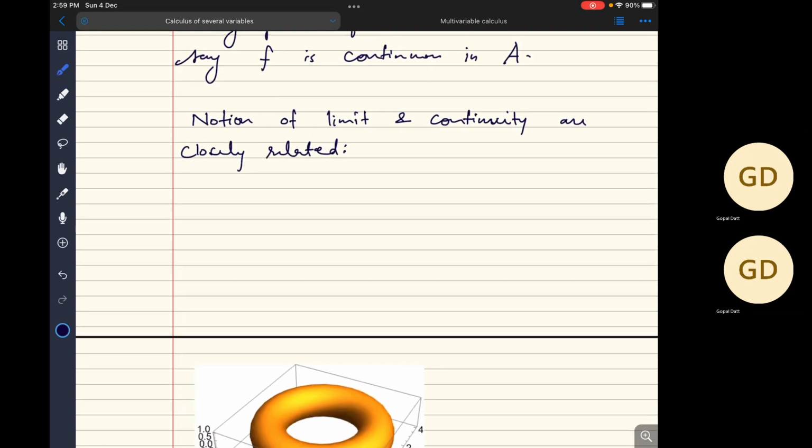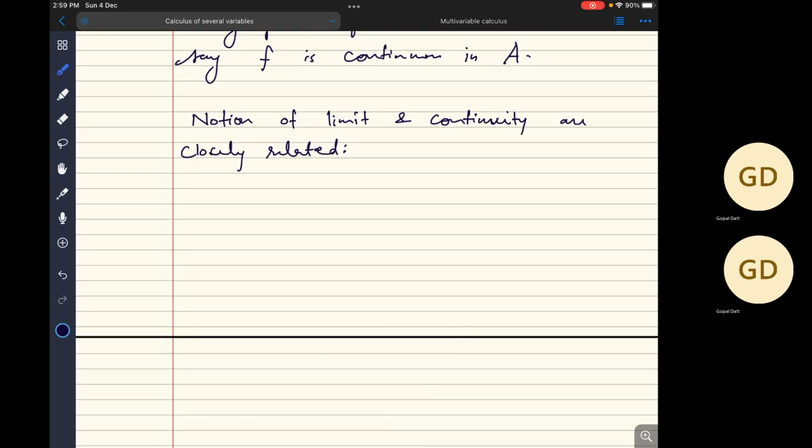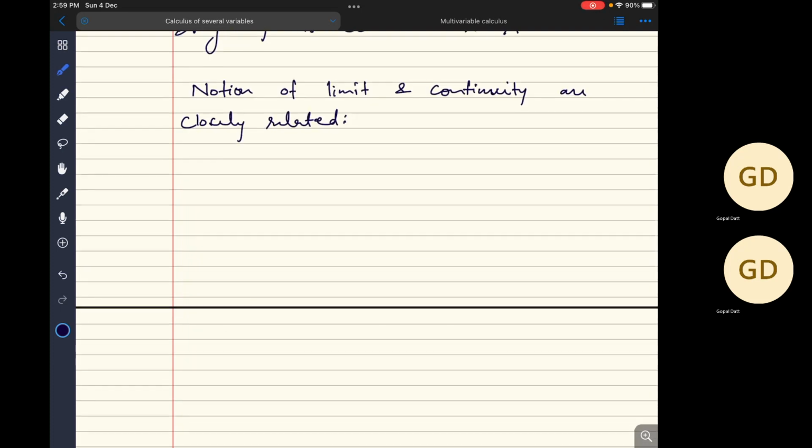Now suppose f is a function from a set in, say, R^m to R^n.